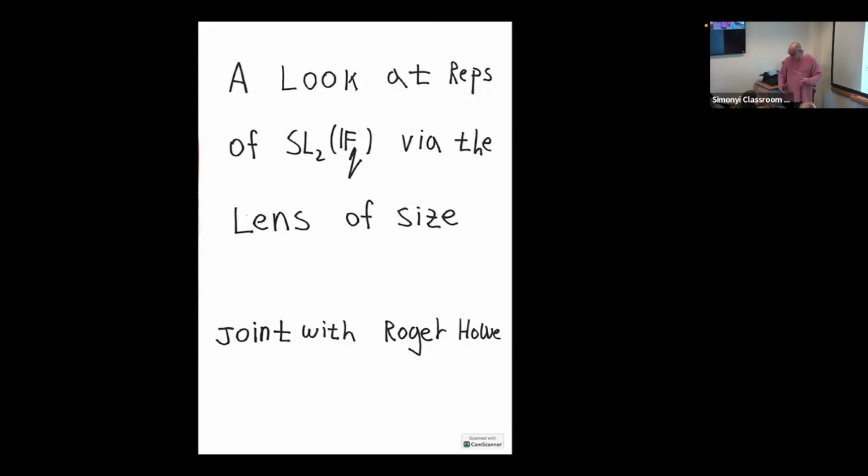And I would like to talk about a generalization of this idea of Roger from many years ago. And I'll do it in the case of the group SL2(Fq), which is in some sense the first non-trivial example where this appears, but you can also then compute everything really explicitly.